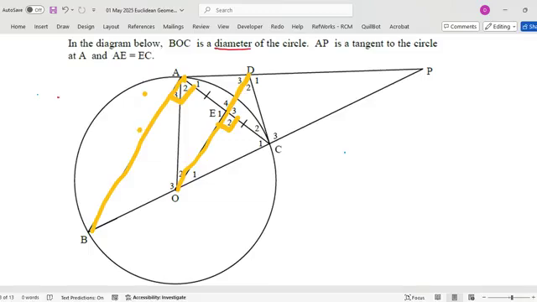Anyone? Corresponding angles are equal. This angle is corresponding with this angle. Yes, corresponding angles are equal.